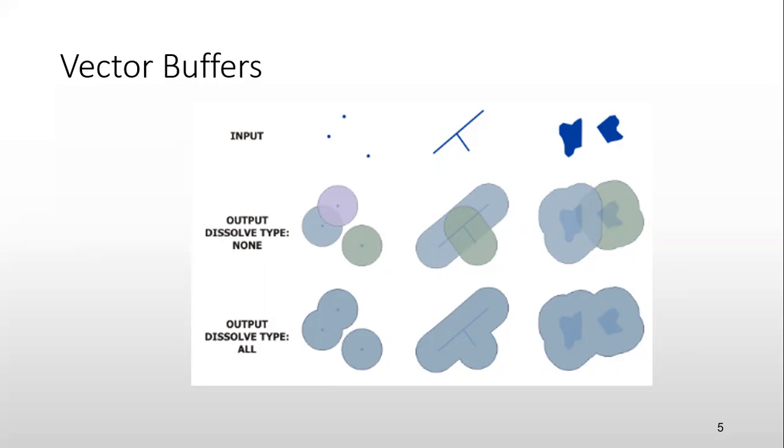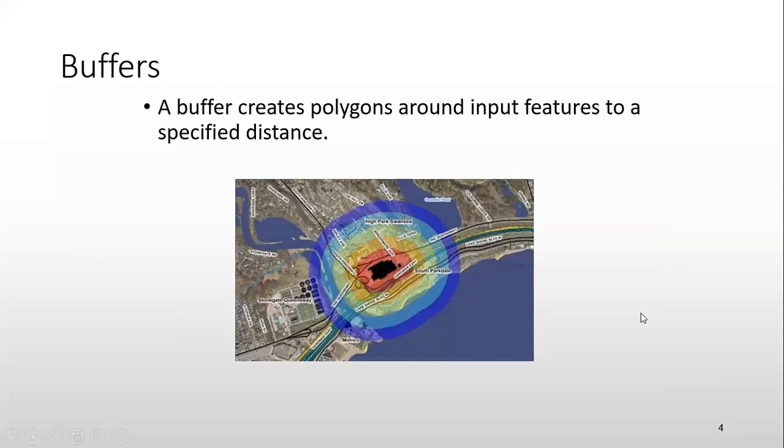This shows the input, creating a buffer, and the output dissolve types, and how the result comes out for a point buffer, linear buffer, and polygon buffer. This one is an example of a polygon buffer.